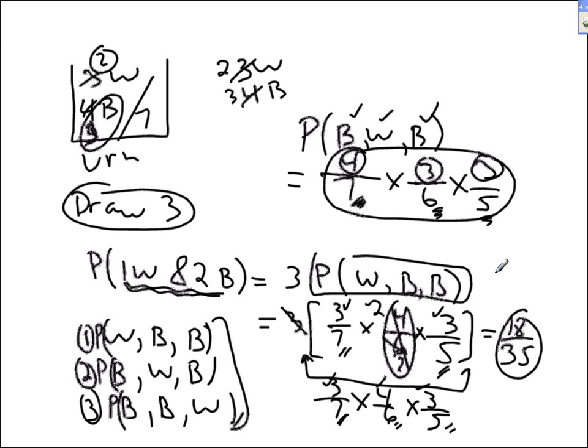If you computed the probability of black, black, white, you'll get the same answer: 6 over 35. And why do I have 18 over 35? Because this probability is 6 over 35. When I multiply it by 3, I get 18 over 35.